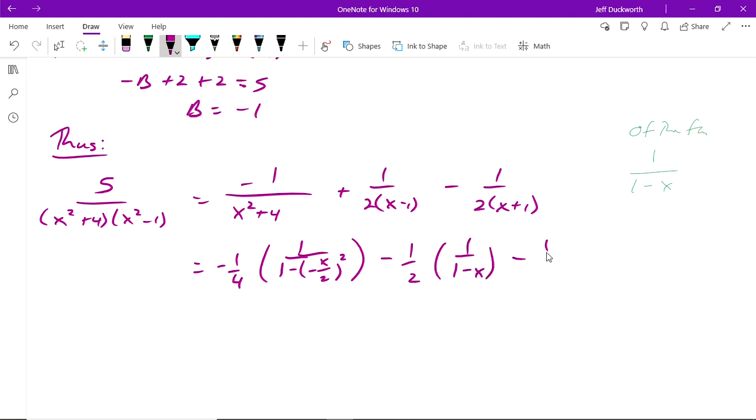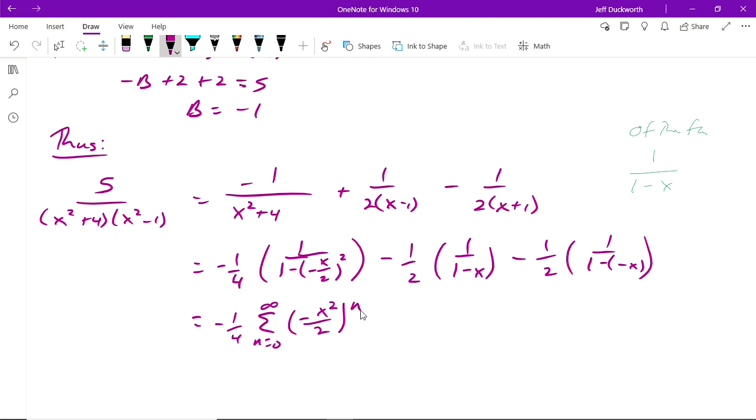And similarly, this will be 1 over 1 minus a negative x. So now we can change these into the series that we know. So this will be negative 1/4. And this summation will be our negative x squared over 2. Now we can look at that and break out the negative 1 if we want.